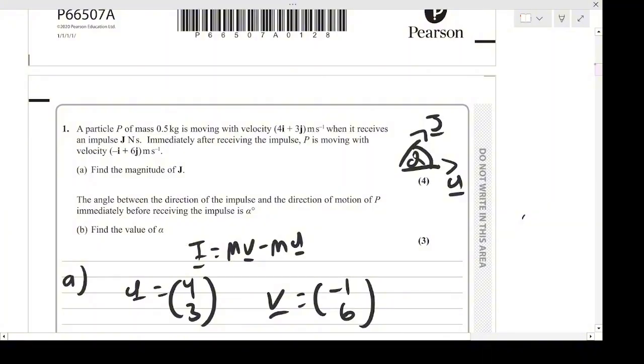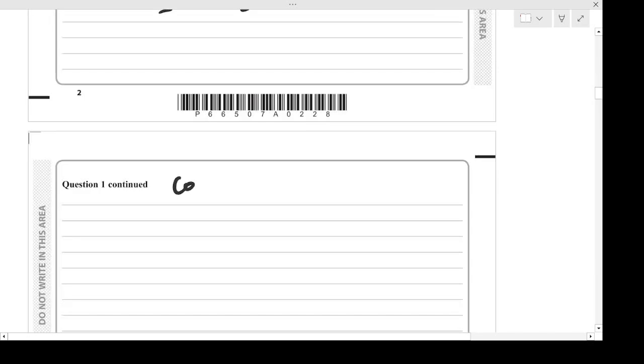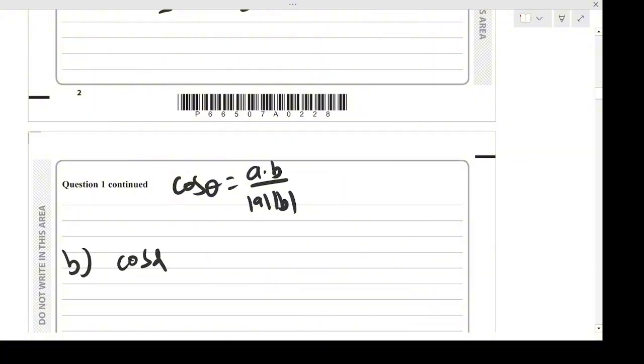Okay, now because we've got vectors, it's very nice. I can use the standard formula to work out the angle between two vectors from core pure, right? So cos theta is a dot b over mod a mod b. So in this case, cos alpha is going to be j dot u over mod j times by the modulus of u.